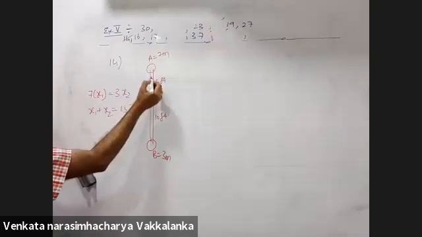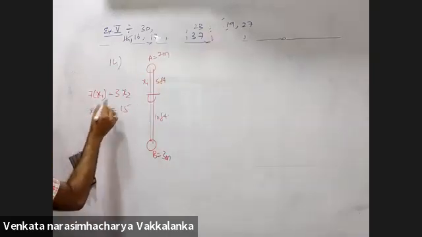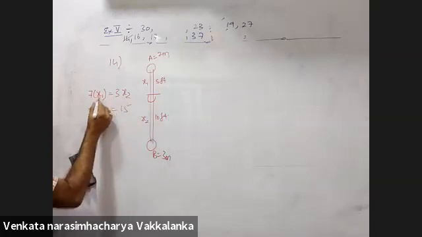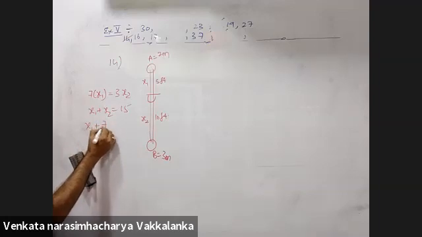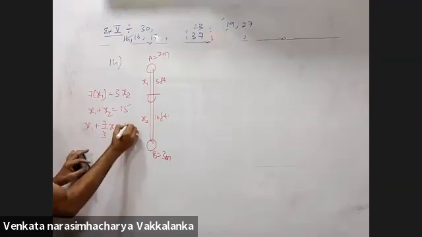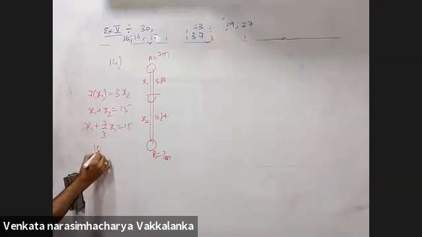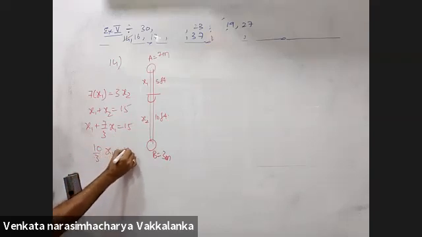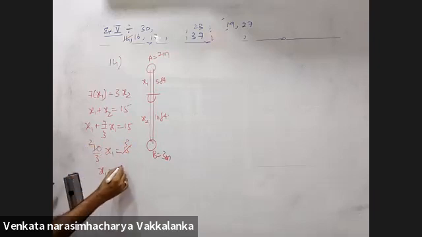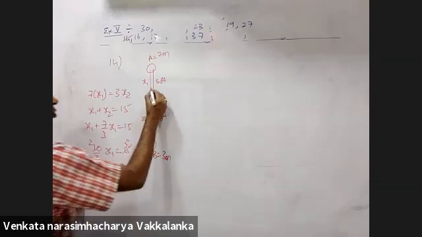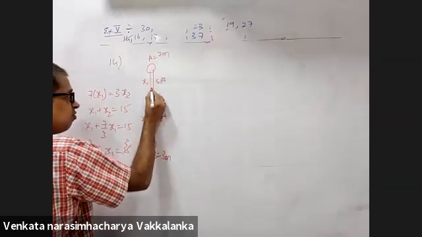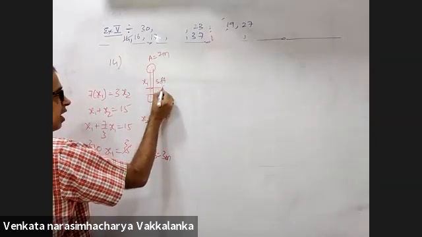Now let me find x1. x2 will be 7 by 3 x1, so x1 plus 7 by 3 x1 is 15. So 10 by 3 x1 is 15, and x1 is 4.5. So at a distance of 4.5 from here, I will have the center of mass C1.